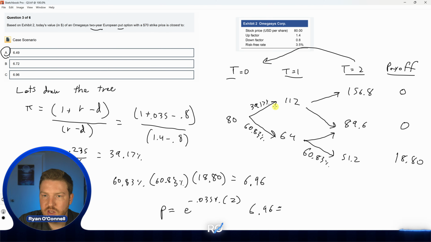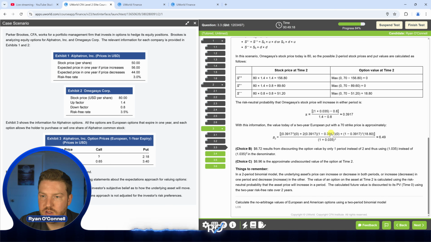But to get to this, you could have had 39.17% multiplied by 60.83%, or 60.83% multiplied by 39.17%. Those are the same, so you can just multiply this times this, multiply it by 2, and then multiply it by the payoff. But I skipped that because it would all just come out to 0 anyway.